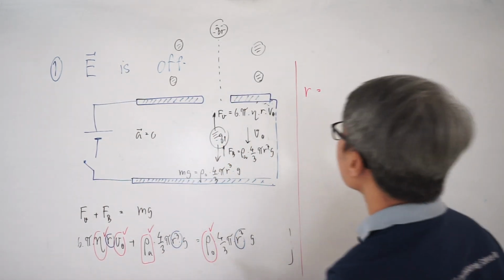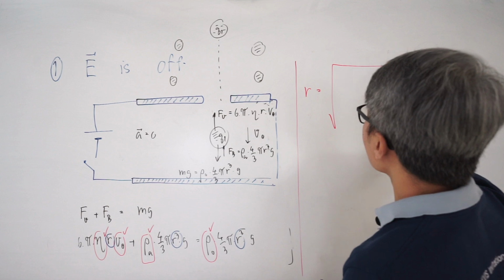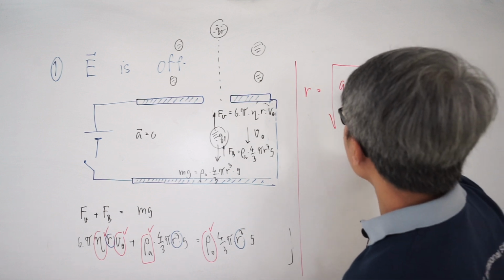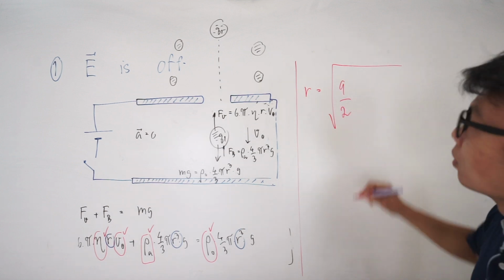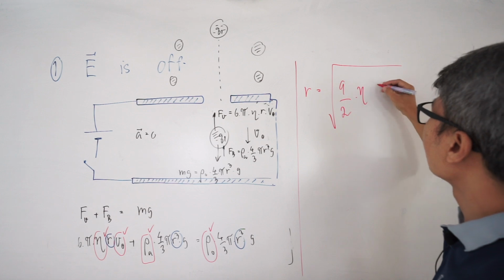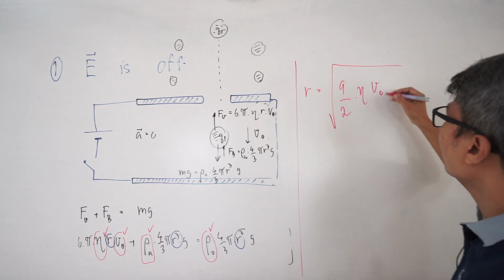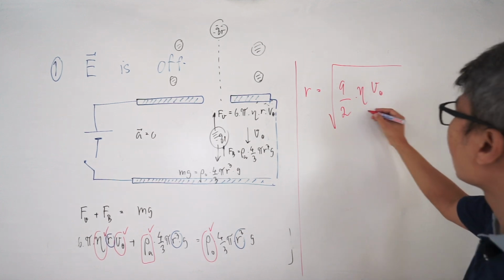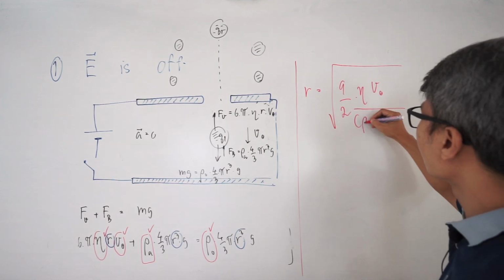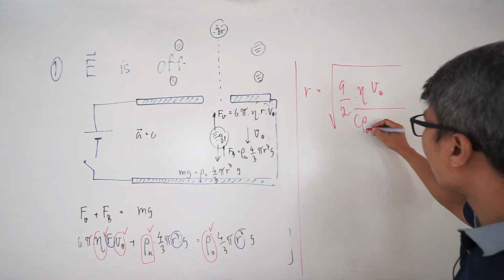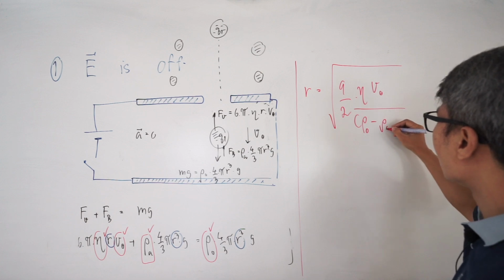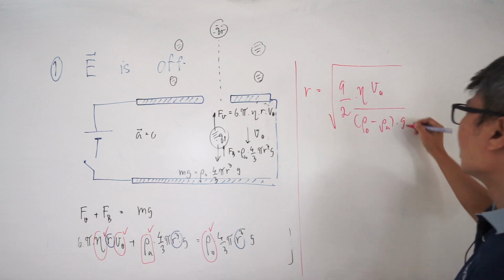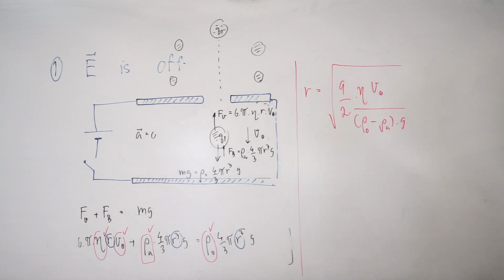It should be equal to the square root of 9 divided by 2, multiplied by the dynamic viscosity multiplied by V naught, or the falling speed, divided by the difference between rho of the oil minus rho of the air, multiplied by the gravitational acceleration.